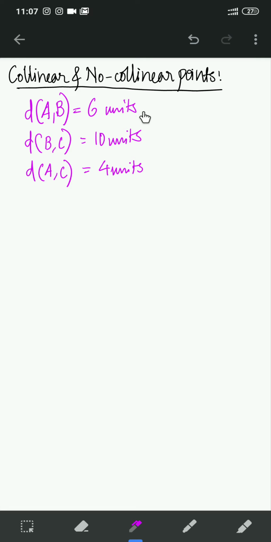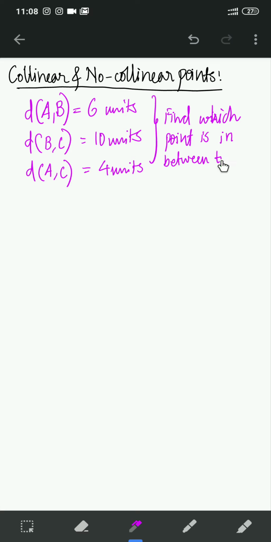Now this is what is given. Now they are asking you to find which point is in between two other points. This is what we need to find.